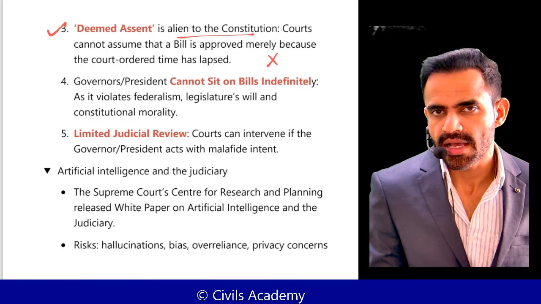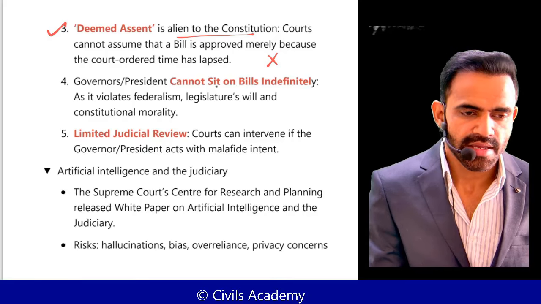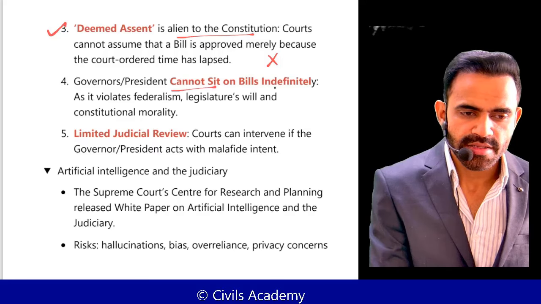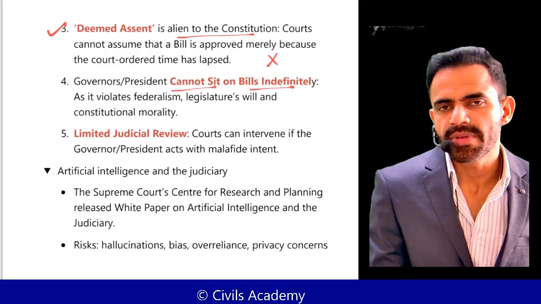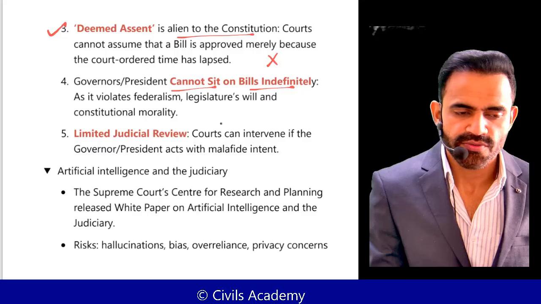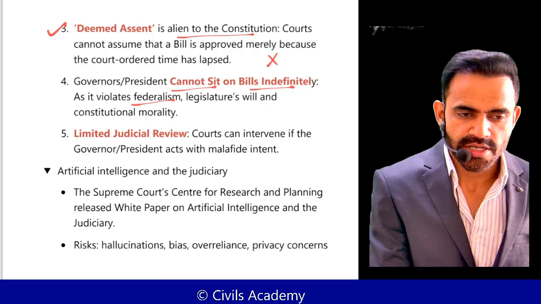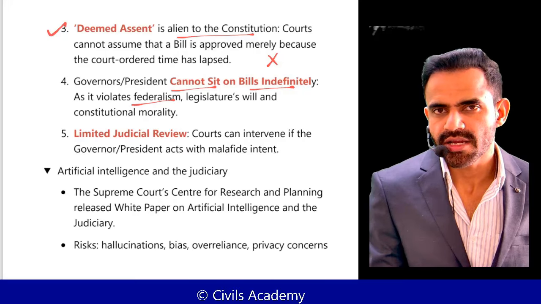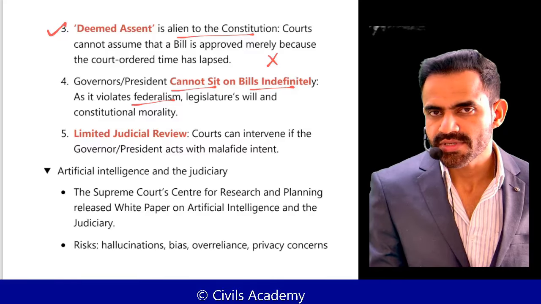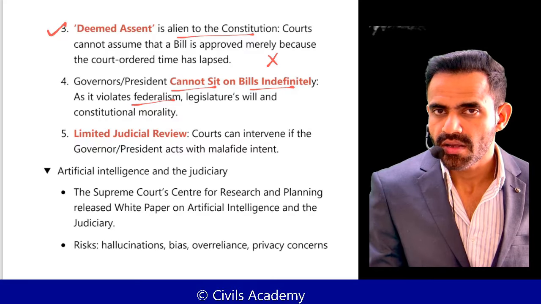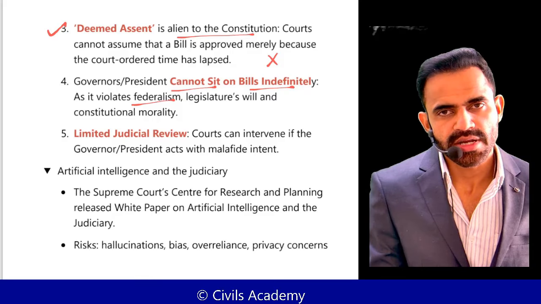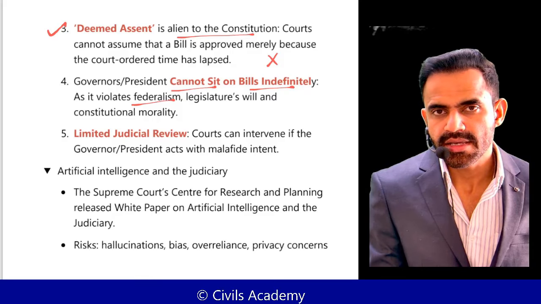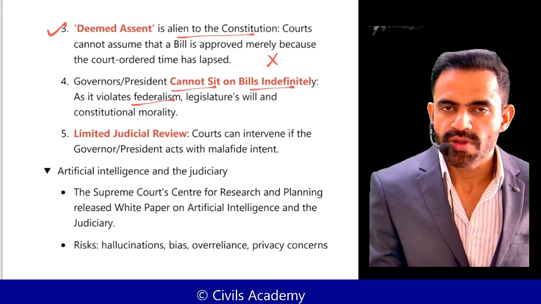Secondly, the court also said that the governor and the president cannot sit on the bills indefinitely. That's a violation of the federal structure. Why is it a violation of federal structure? Understand. The Assembly of a state has passed a bill. The bill was referred to the governor. Now, the governor is not taking any action. Technically, it is against the will of the people. Why?